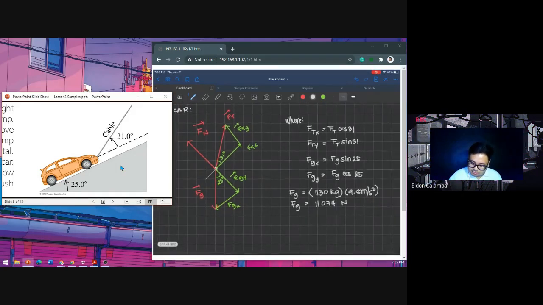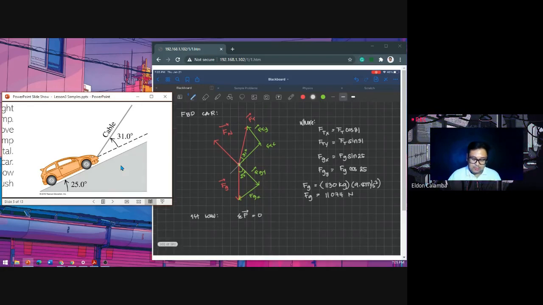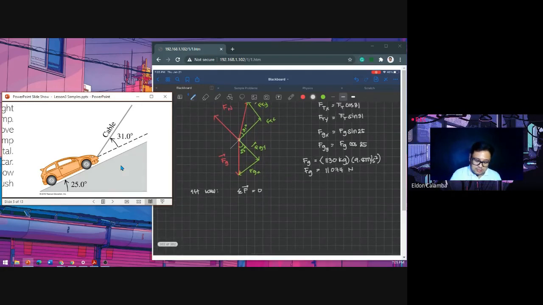And let's have this one. Still, it is following the first law of motion. So first law, summation of forces equal to 0. So let's have letter B, because that's basically letter A. For letter B, we are asked about the tension force.